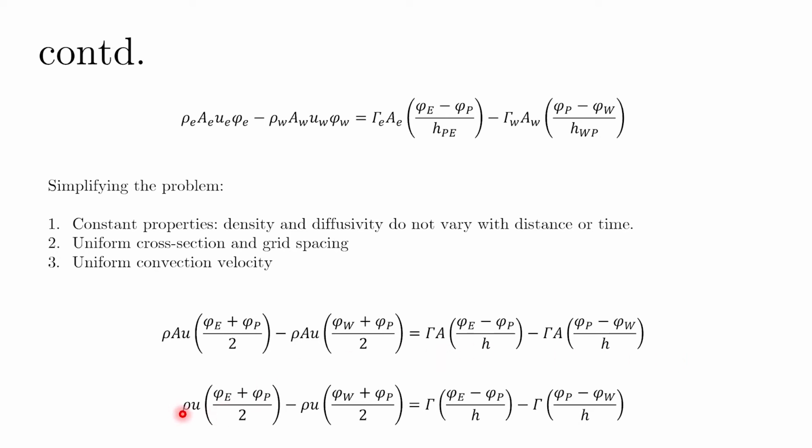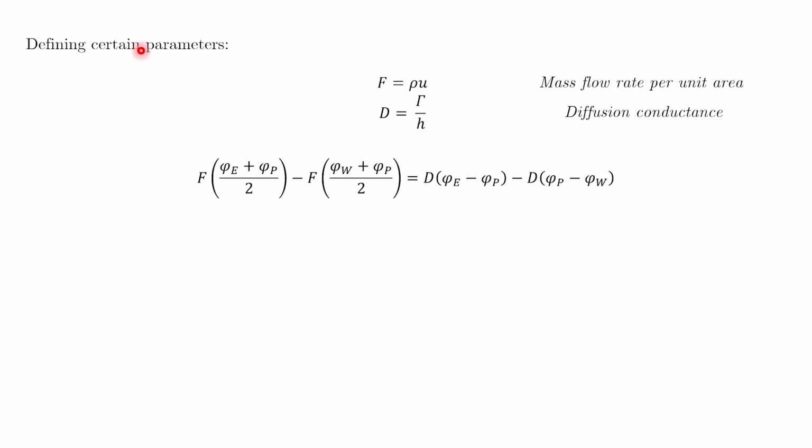Now we have some terms that are appearing in a pair. You can see that in this particular term we have rho into u, and in this term we have gamma over h. Apart from these terms we have the equation in terms of phi. So what we do is we define certain parameters.